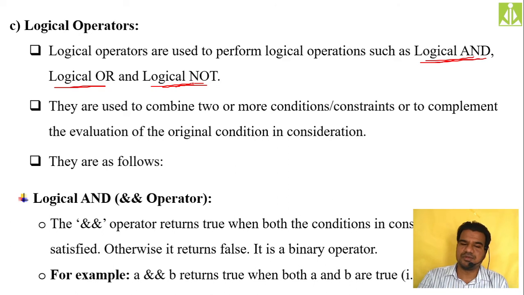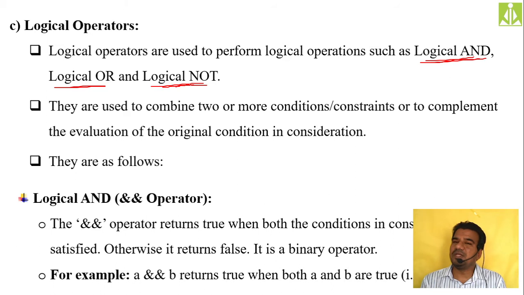Why do we use these logical operators? Very soon we are going to study the control structures, the conditional statements and the iterative or looping statements. In these control structures, we put conditions in order to control the path of program execution.